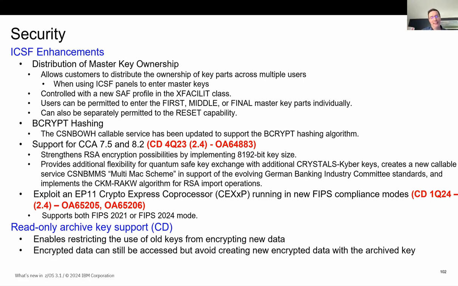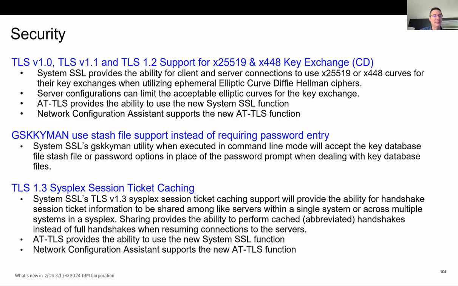Well, if you throw it away and you forgot to decrypt one of the data sets, you're screwed, because there's no way to visualize that data. So the idea with read-only archive key support is that I put this key in a particular archive, which means that if I have a data set that's been encrypted with it, I can decrypt. I just cannot use that key to re-encrypt new data. So those are really important capabilities.